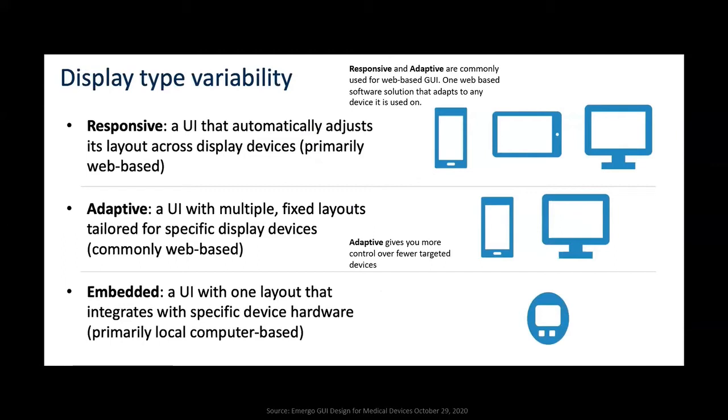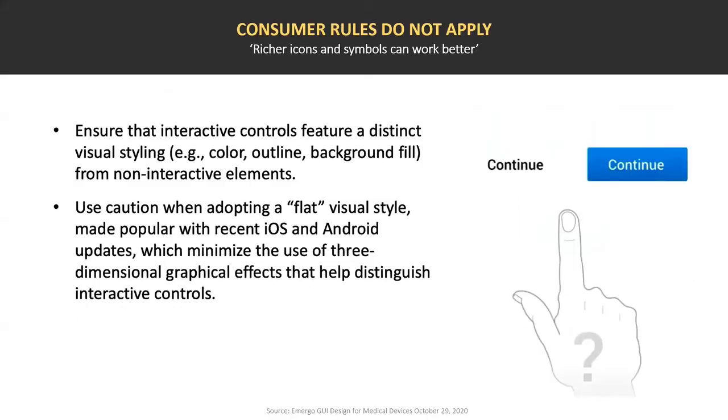UI designers call them responsive, adaptive, and embedded. Responsive and adaptive are essentially web-based. Responsive can operate across several different devices. Adaptive is a bit more constrained, you've only got a few layouts interacting with the device. And embedded is, as it implies, a specific bespoke device that fits to a piece of hardware.